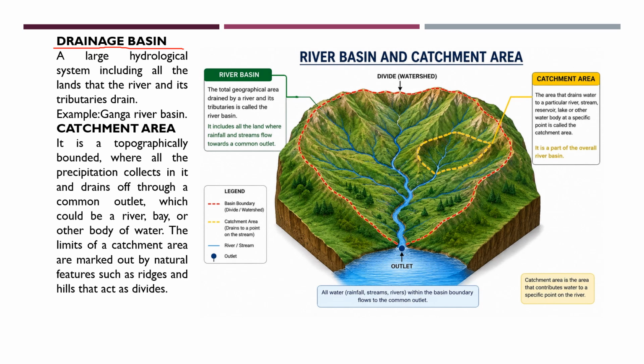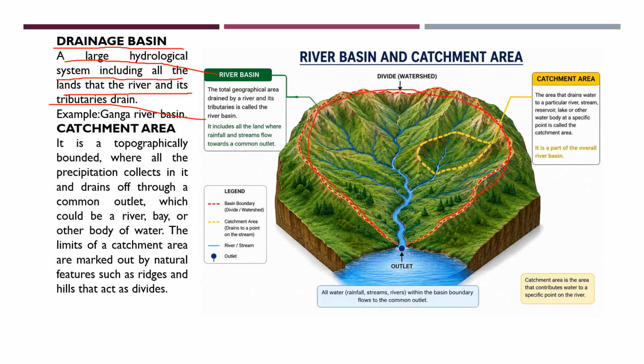Before explaining the diagram, I am just reading the sentences. Drainage basin: a large hydrological system including all the lands that a river and its tributaries drain. See, the whole area is actually the river basin.